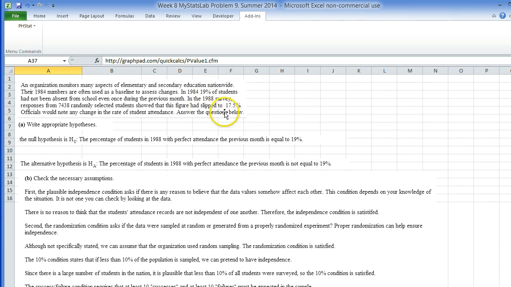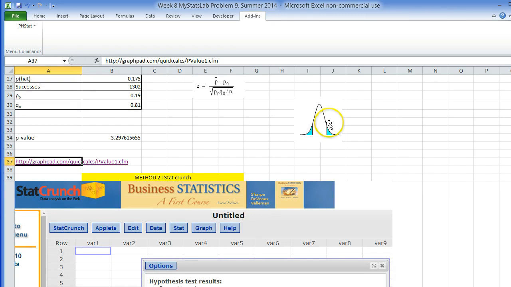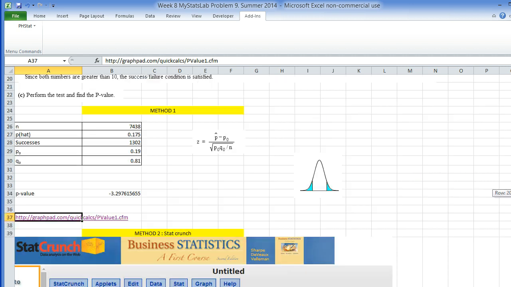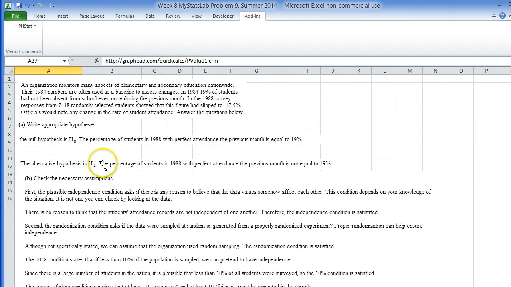Because the percentage we got in the sample is 17.5, one may tend to think that we are interested in only that direction, but we are not. If you look at this graph, if this middle region was 19%, we would want to know if it falls anywhere in this lower tail or this upper tail, and therefore we are interested in the alternative hypothesis being that it's not equal to 19.